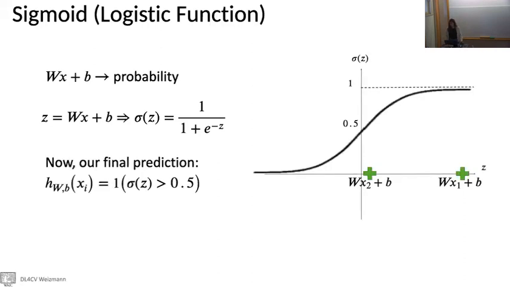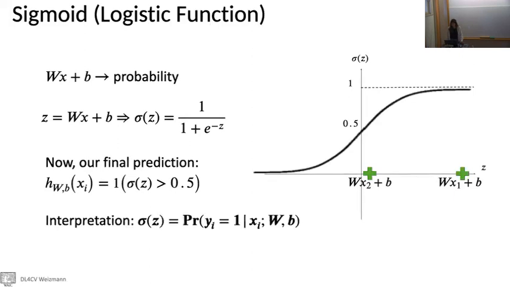And now we change our prediction. Instead of just being greater or lower than 0, we want it to be greater than half. The interpretation is that the output of the logistic regression classifier is the probability of having classified the point xi as 1, so the corresponding label yi is exactly 1.